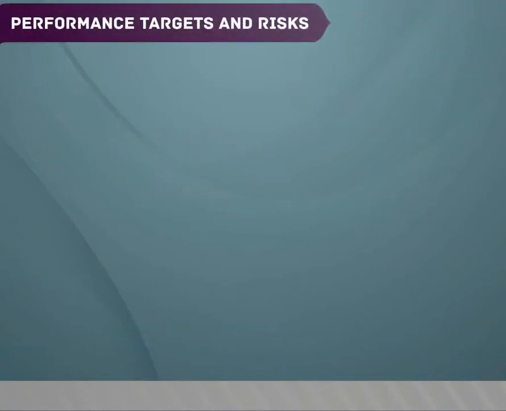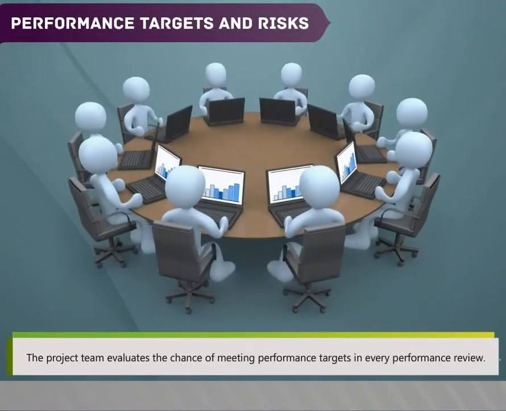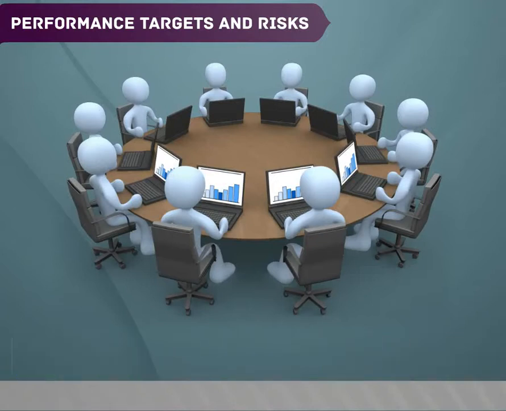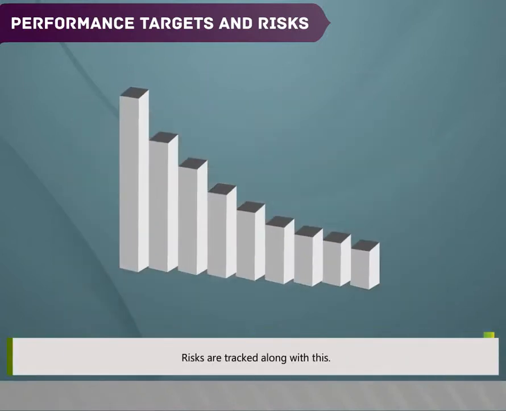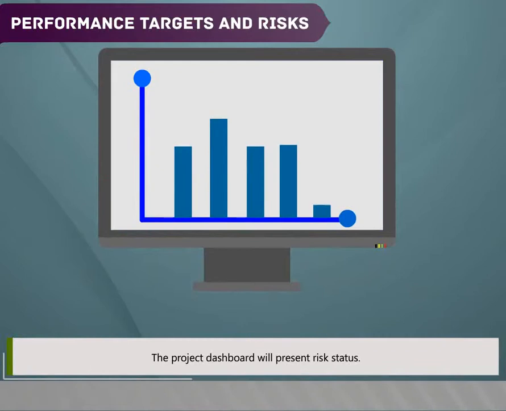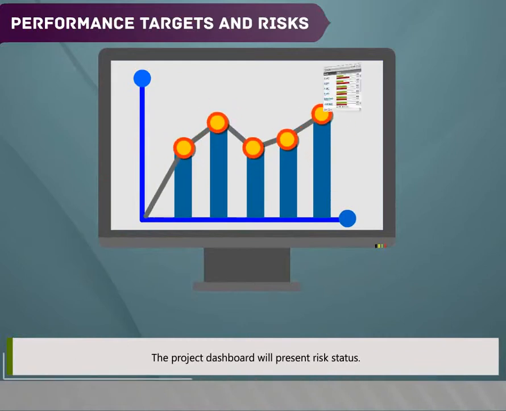Performance targets and risks. The project team evaluates the chance of meeting performance targets in every performance review. Risks are tracked along with this. The project dashboard will present risk status.